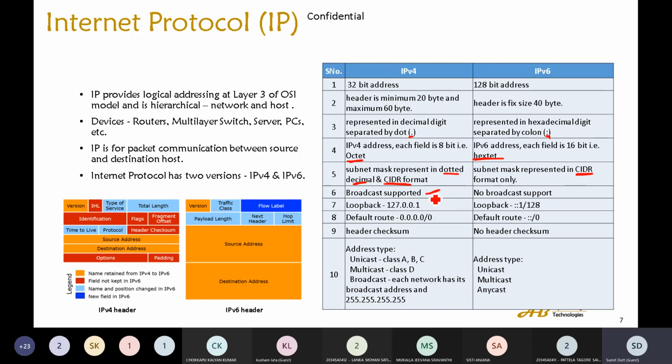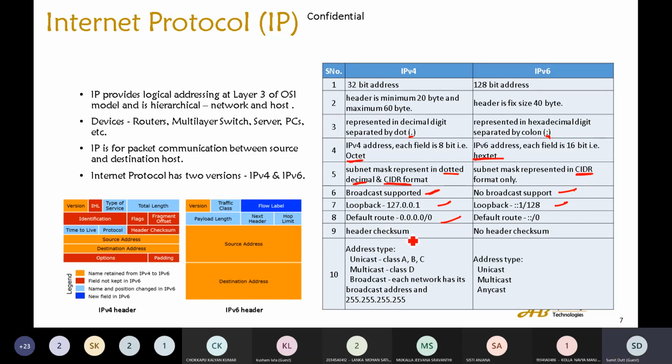Broadcasting is supported here, there is no broadcasting available there. Loopback IP is this, here loopback IP is this. The default route is this one, 0.0.0.0, and here the default route is ::/0.